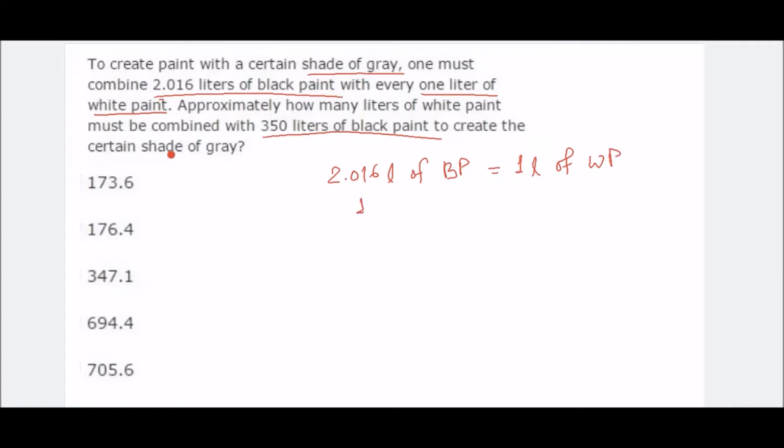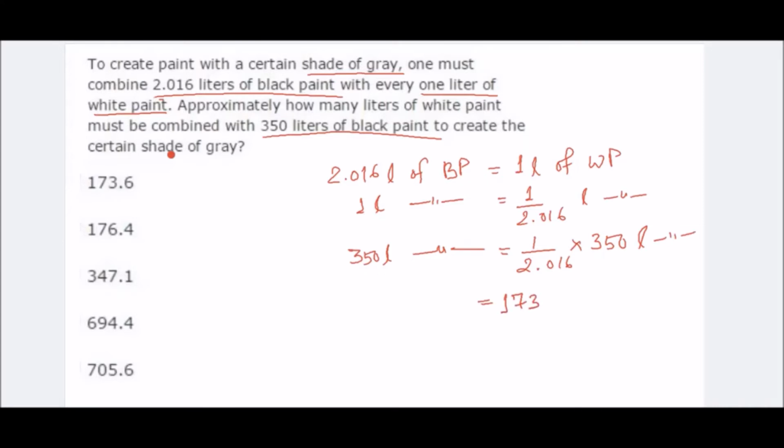So for 1 liter of black paint will require 1 by 2.016 liters of white paint, and for 350 liters of black paint will require 1 by 2.016 into 350 liters of white paint. That will become 173.6 liters of white paint. So our answer choice will be option first.